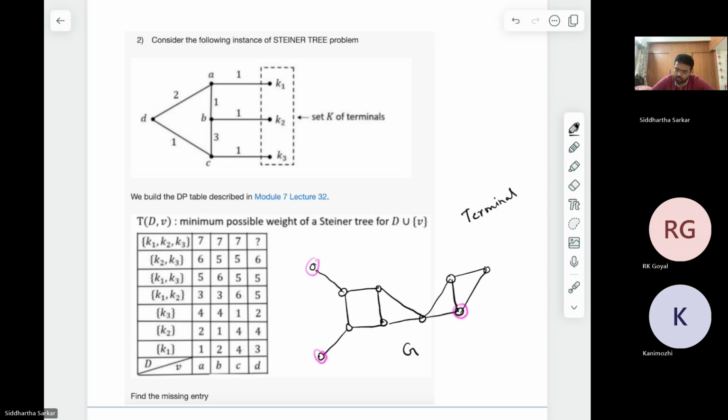Let us say that this graph is undirected for now.